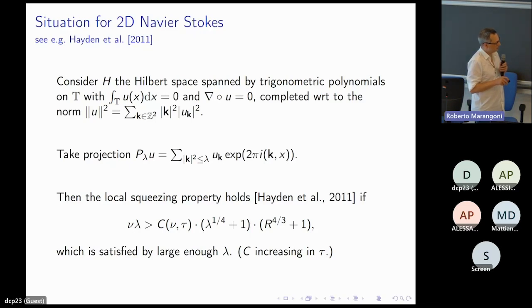So if you fix the viscosity and the time and also this a priori bound here, then you just have to absorb enough modes, and then this term here will overtake this lambda to the 4. This is telling you that you have to observe enough modes. And then, at least for Navier-Stokes, you have this so-called local squeezing property. Unfortunately, for practical purposes, this is very, very bad because this grows very slowly.